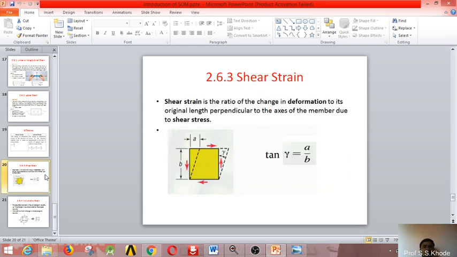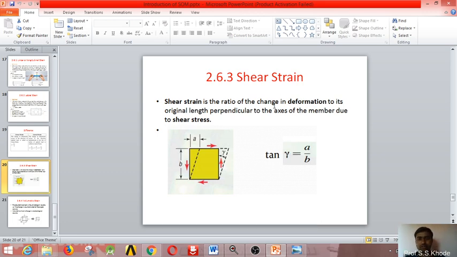Next we will see the concept of shear strain. Again, it is due to shear loading conditions. When we apply a force tangential or parallel to the face, then that particular face moves. In that case, the change in dimension toward a fixed perpendicular dimension is termed the shear strain.